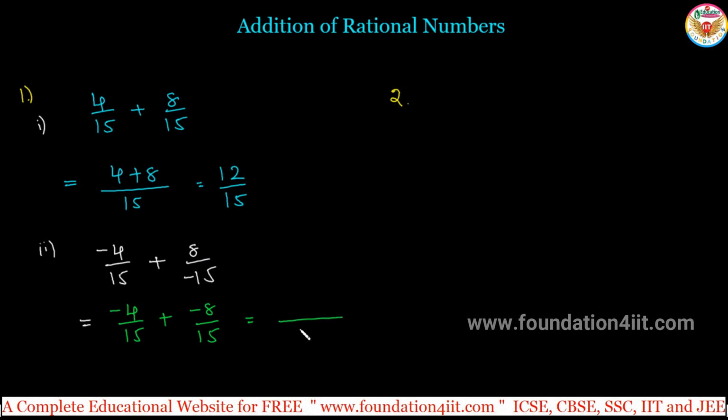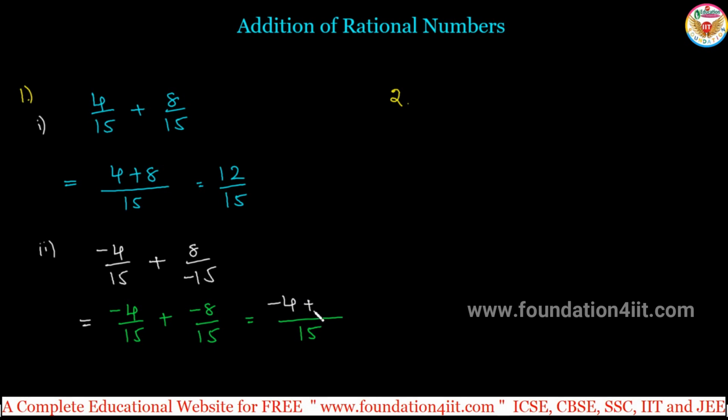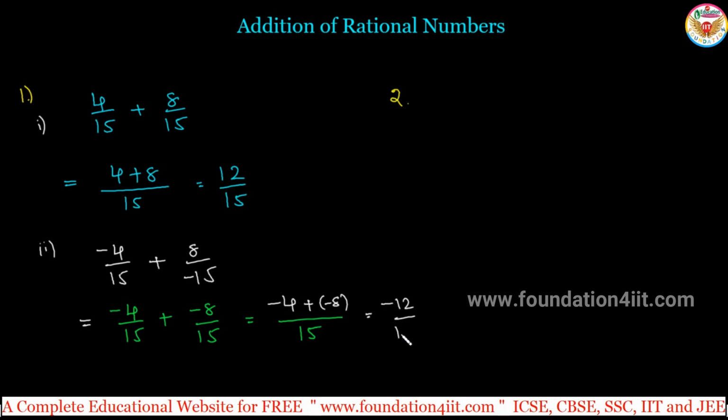So the denominator is same, directly you can write, and according to the numerators, negative 4 plus negative 8. Negative 4 plus negative 8 is negative 12. Minus 4 minus 8 is minus 12. So minus 12 by 15.